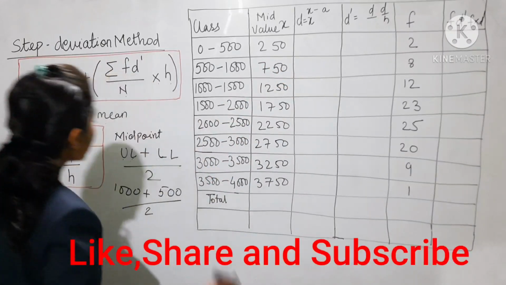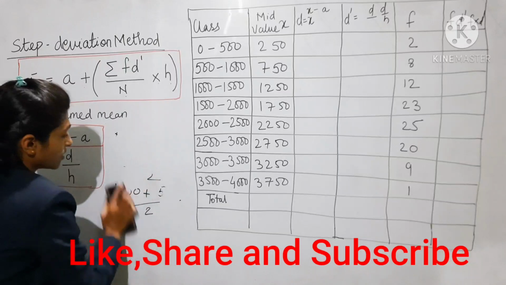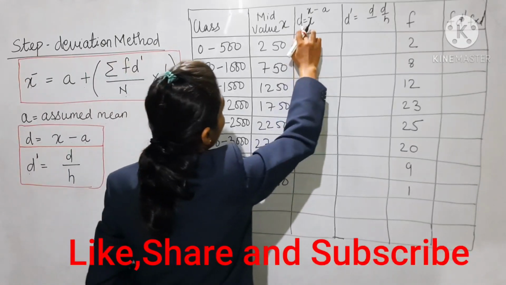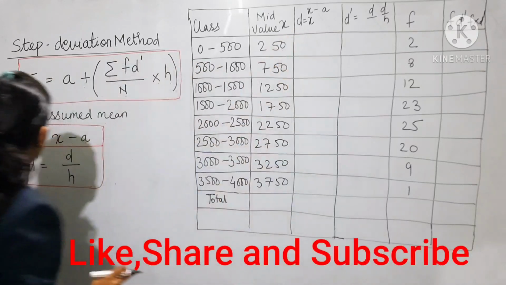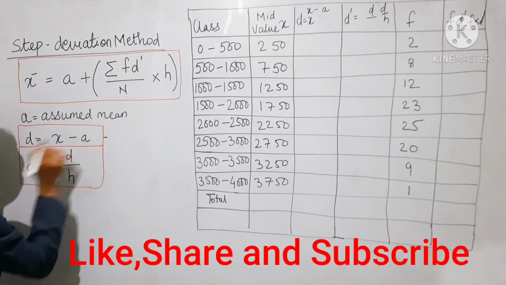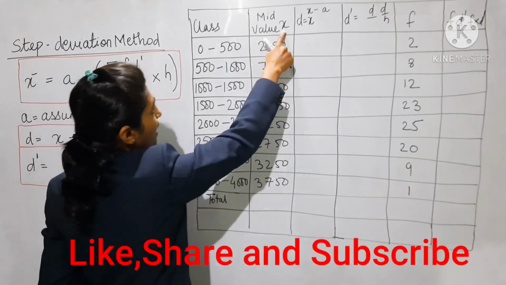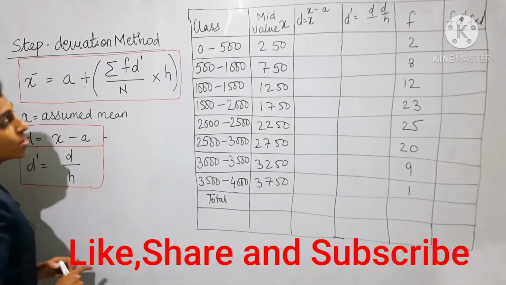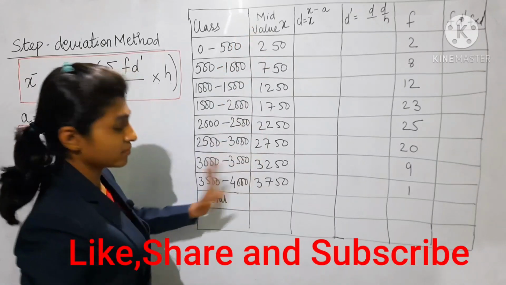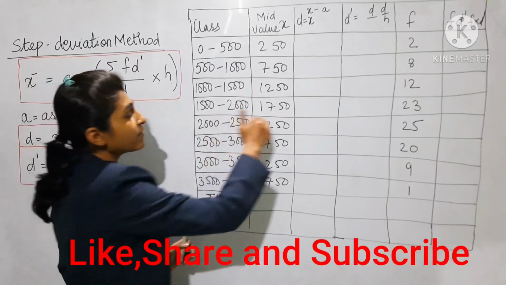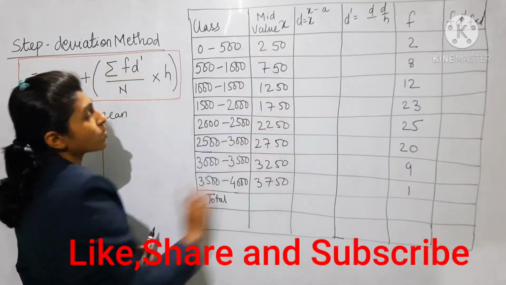Next, we have got the column X. The next column is D, deviation. To find deviation, the formula is X minus A. We already have the X values. A means the assumed mean. So assume a number which is near to the observations, or assume the mid value of these observations.